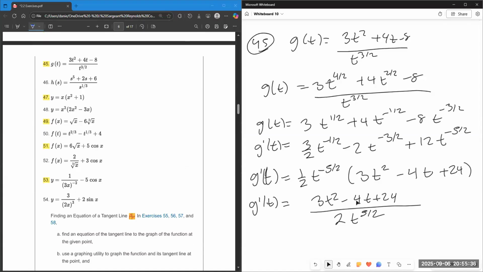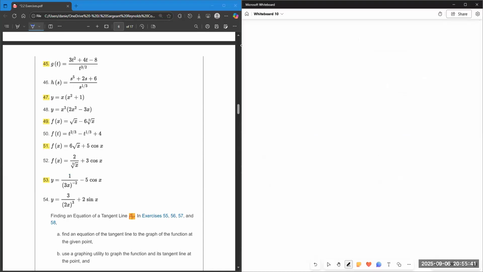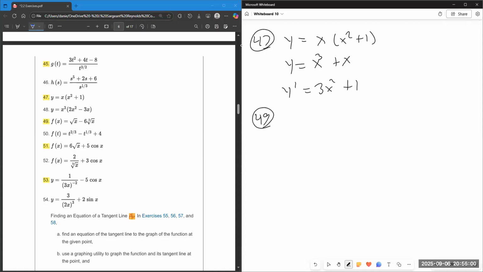Let's look at number 47. Y is equal to x times x squared plus 1. So y is equal to x cubed plus x. Y prime is 3x squared plus 1. Number 49.